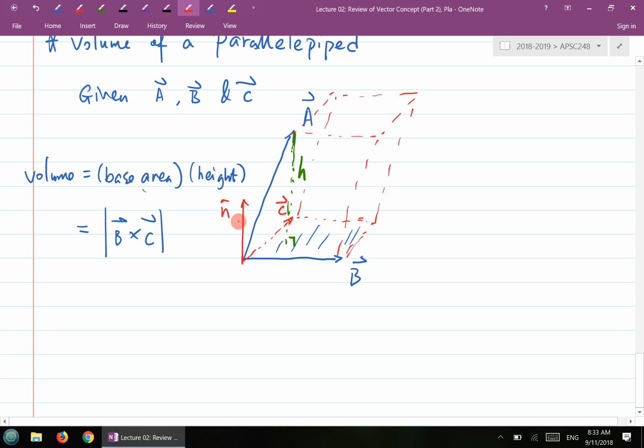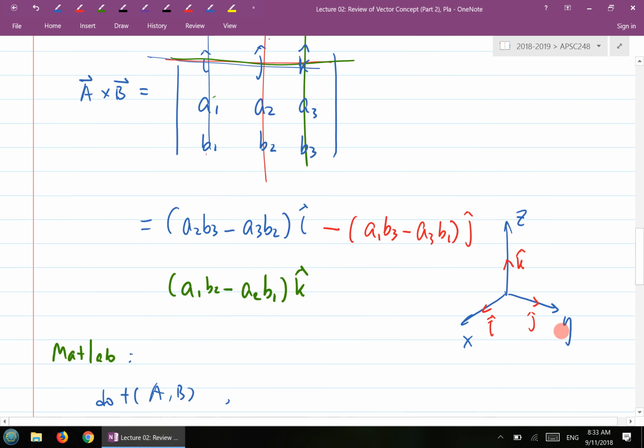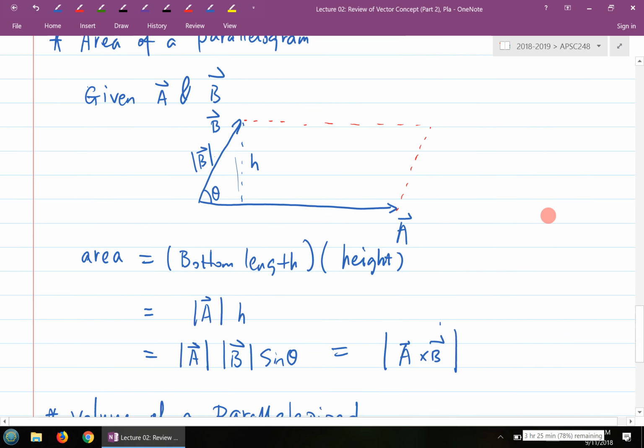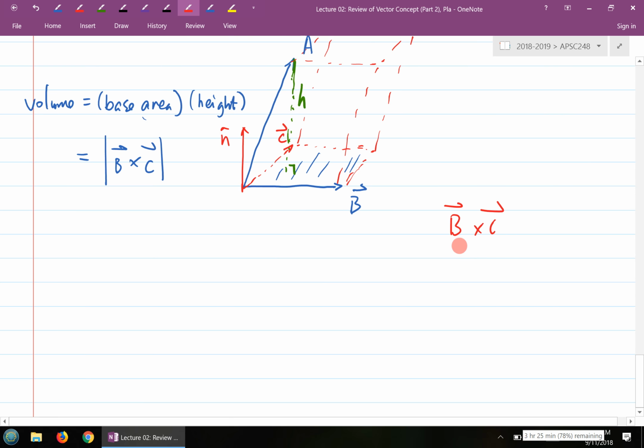So now think back 1 step. How do I get n hat? N hat is perpendicular to B and C, and that's naturally the result of the cross product. We learned that B cross C is perpendicular to the plane formed by B and C. However, B cross C is not a unit vector.